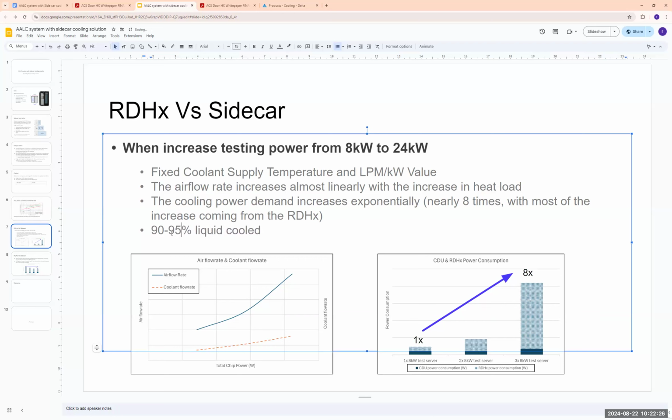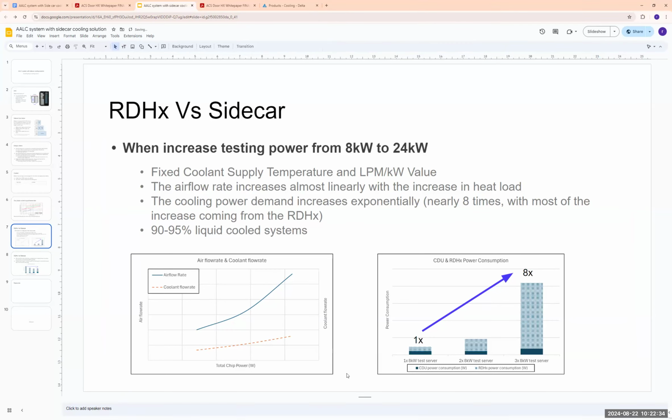There is another point to be considered. Usually servers which are near 100% liquid cooled, they don't think about cooling down with air. So they don't leave space in the IT gear for air to go through the server.